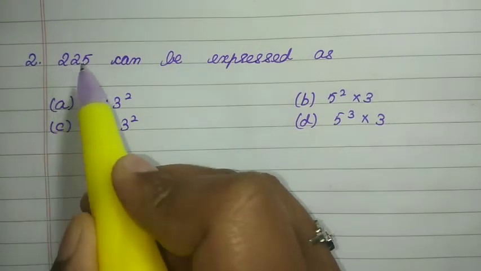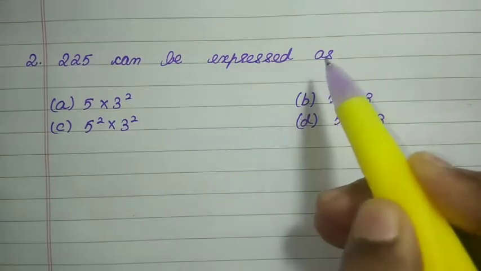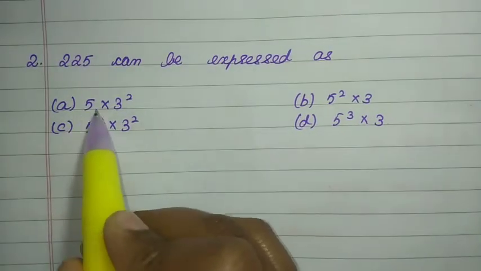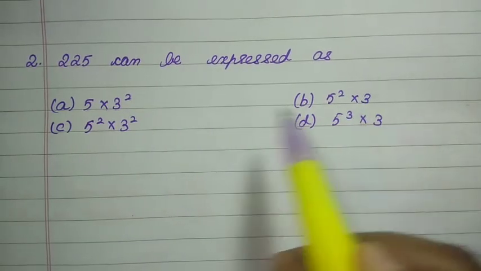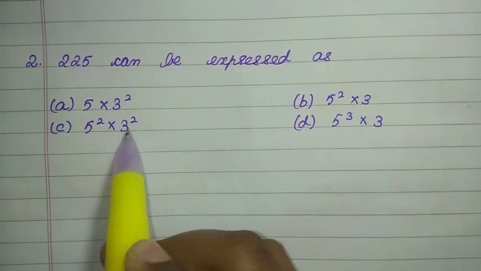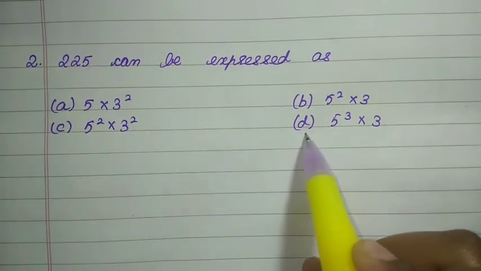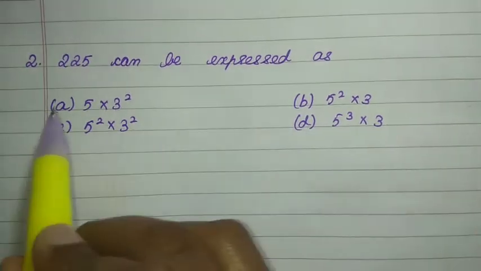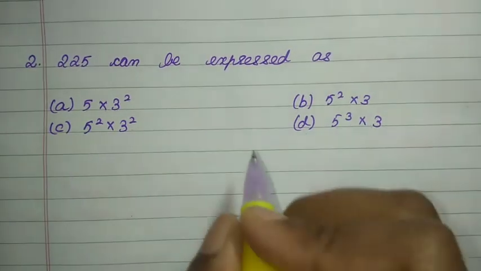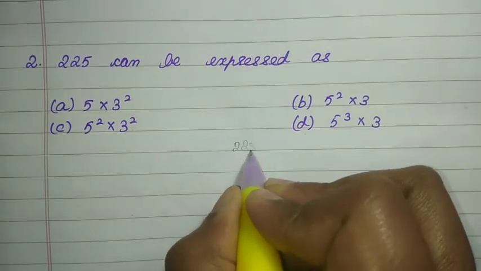Question 2. 225 can be expressed as option A 5 into 3 square, option B 5 square into 3, option C 5 square into 3 square, option D 5 cube into 3. Now we have to just take prime factorization for this number. So 225.